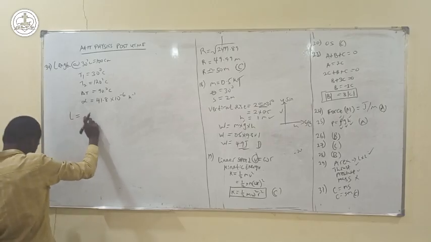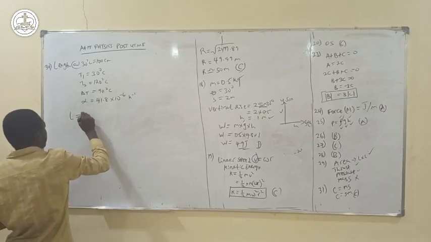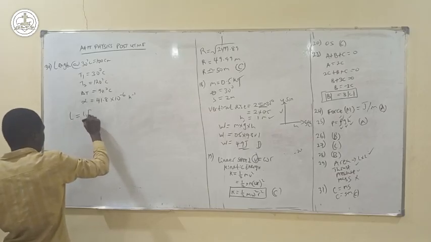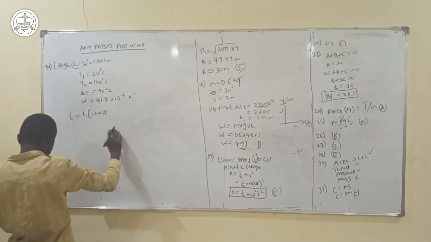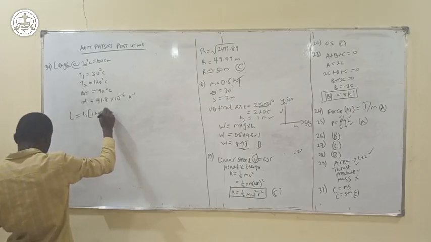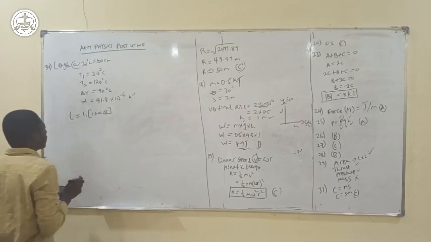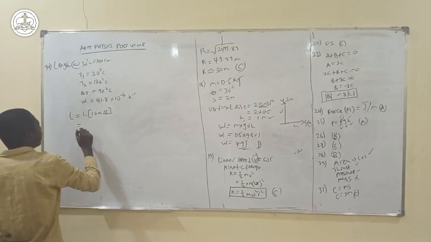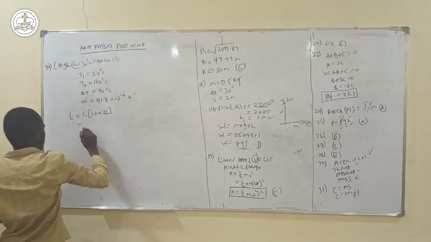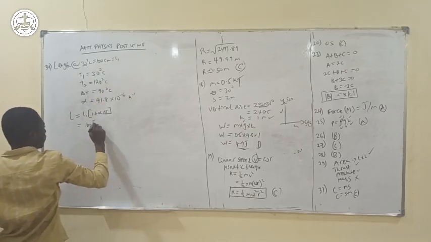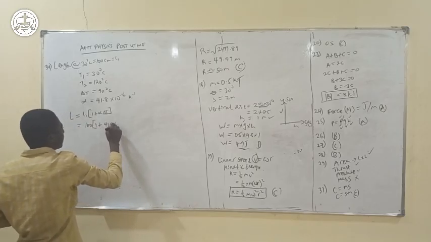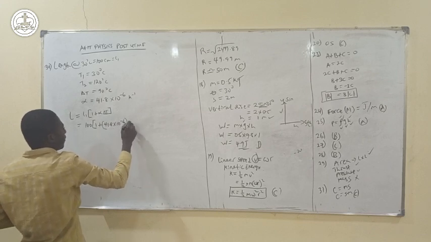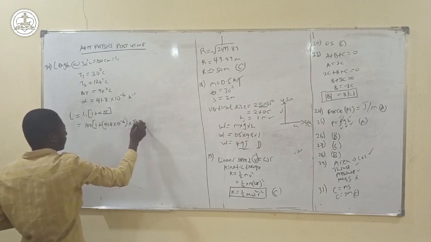The new length will be equal to, this is the formula now, L1 bracket 1 plus alpha change in T. What's our L1? L1 is 100, into 1 plus alpha, 41.8 times 10 raised to power minus 6, times 90.